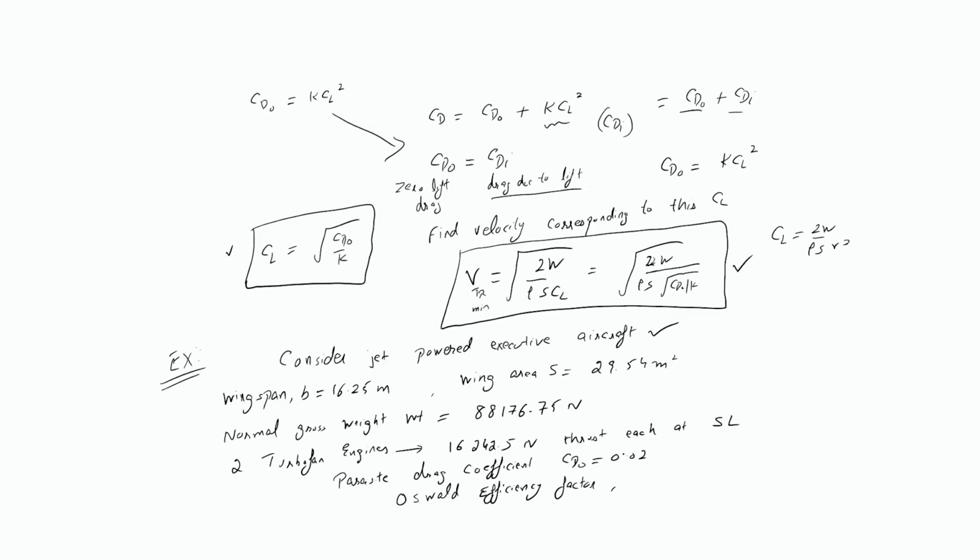What was Oswald efficiency factor? Denoted by small e equals to 0.81. Next, what is given is the fuel capacity. Please note, in every example I will be considering these details. I will not be writing again and again. The fuel capacity is 1119 gallons of kerosene.